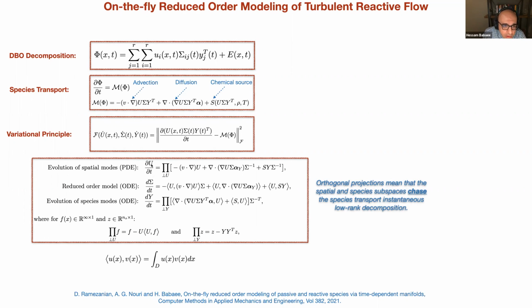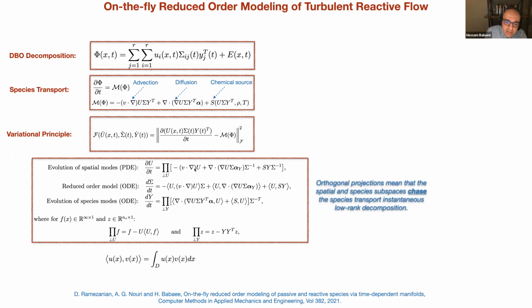So for the U equations, which are the spatial modes, so this U is U1, U2, all the way to UR, you get this set of PDEs, which, if you look at it, has all the structure of the original full dimensional equation. And you get two ODEs for the matrices. What you see here is a projection, but a projection onto the complement of U. So whenever this right-hand side is within the space of U, these modes won't evolve.